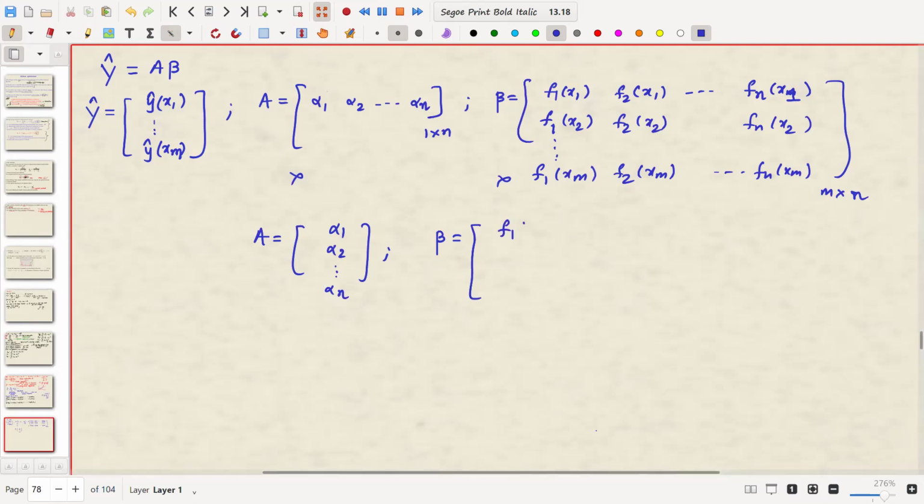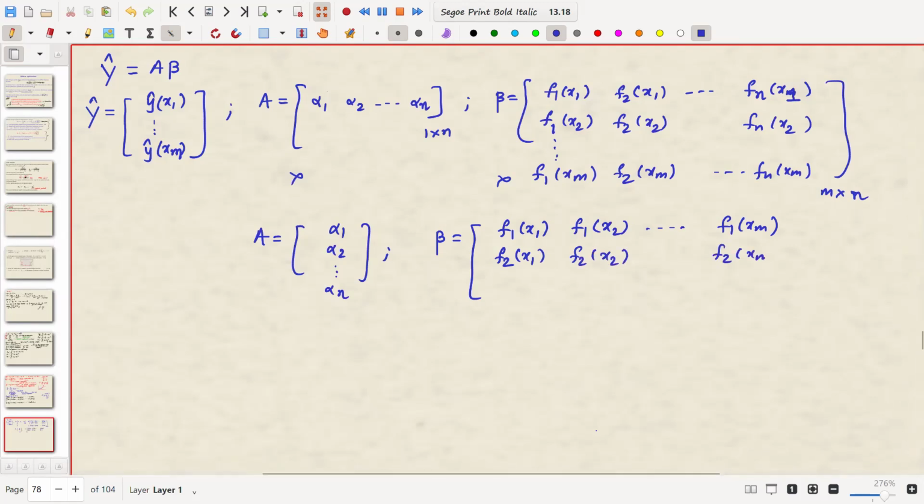Beta should be f1 x1, then f1 x2, then f1 xm. Fine. Then f2 x1, and so on till fn.